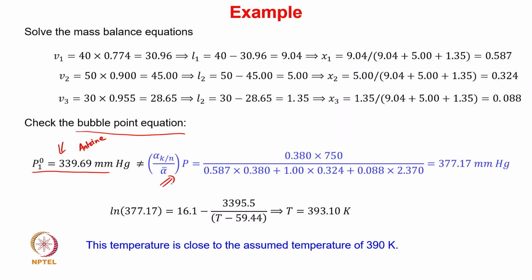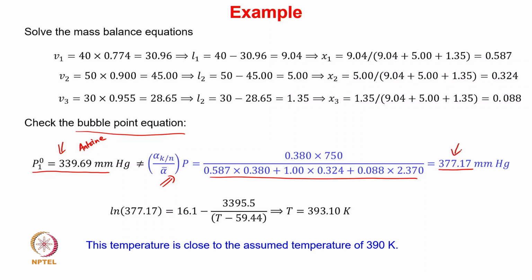From the equilibrium relation, the P1 value comes out to be 377.17. Remember, this is nothing but alpha Kn divided by the average value of relative volatility. The average is calculated with respect to the mole fraction in the liquid, so Xi into alpha i, that is the denominator here. So we get 377.17, which comes out to be P1, which is nothing but the vapor pressure.